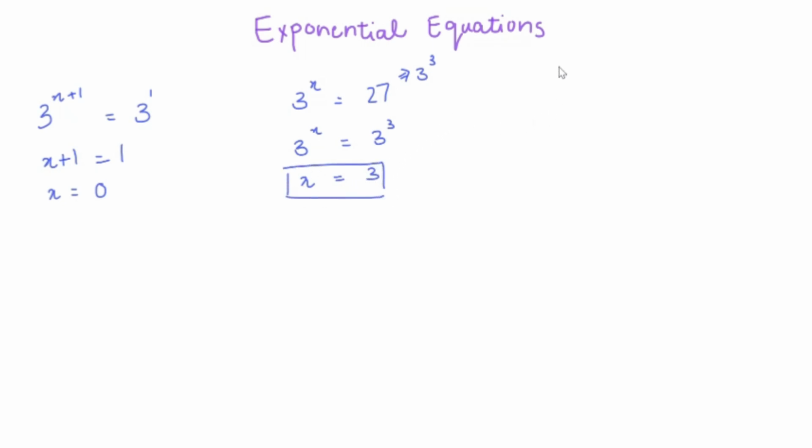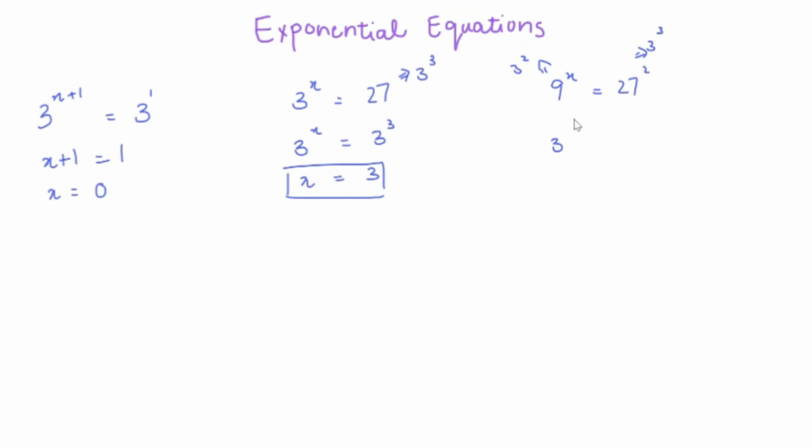Now let's take another example. If we take 9 power x is equal to 27. Now we converted 27 previously into 3 cube, and we very well know that 9 is basically 3 squared. So we can also replace these with the power of 3.